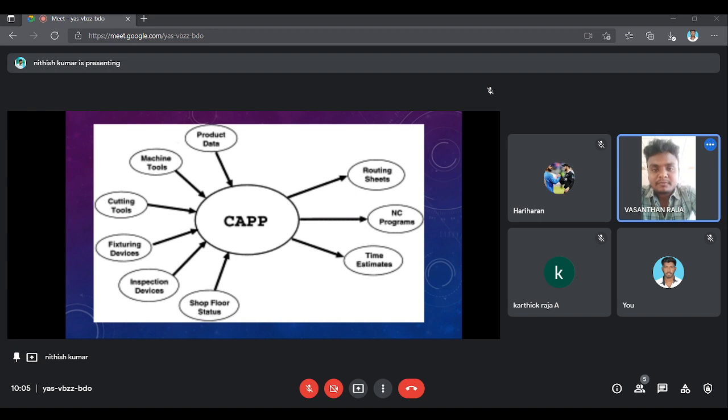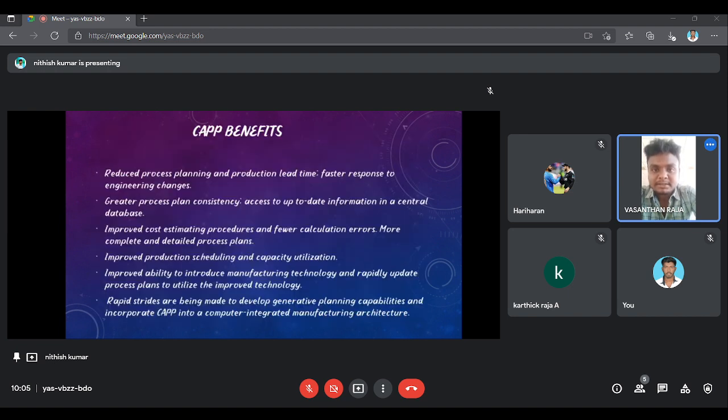This is the diagram of the previous paragraph. Next, CAPP benefits: reduce process planning and production lead time, faster response to engineering changes, greater process plan consistency, access to up-to-date information in a controlled database, improved cost estimating procedures and fewer calculation errors, more complete and detailed process plans, improved production scheduling and capacity utilization, improved ability to introduce manufacturing technology and rapidly update process plans to utilize the improved technology.